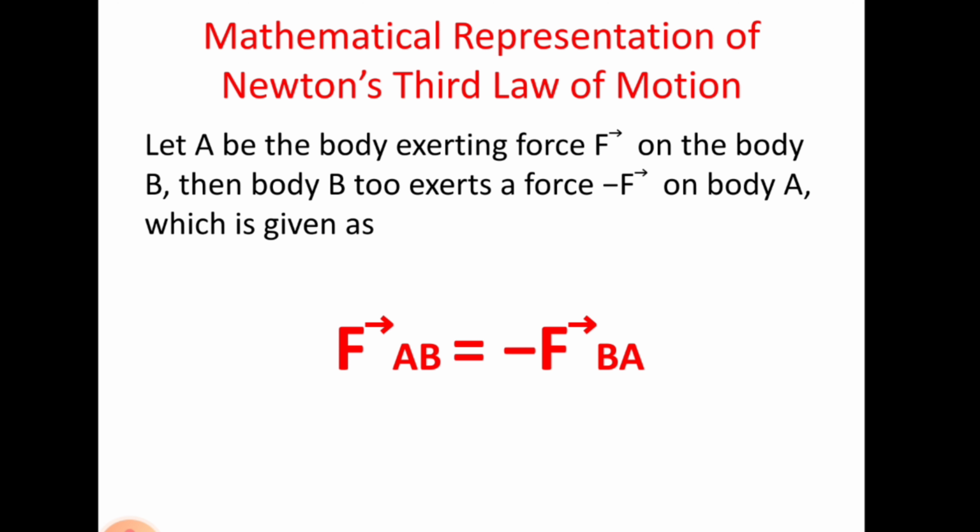Force exerted by body A on body B, that is FAB, is equal to minus FBA, that is the force exerted by B on A. FAB means the force exerted by A on B, and FBA means the force exerted by B on A. They are equal and the direction is opposite. That is why the minus sign.